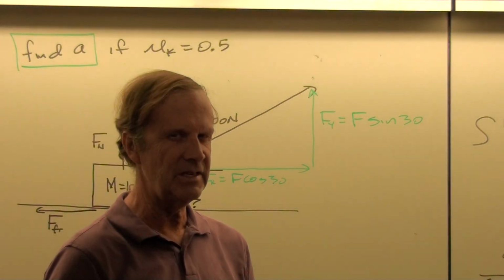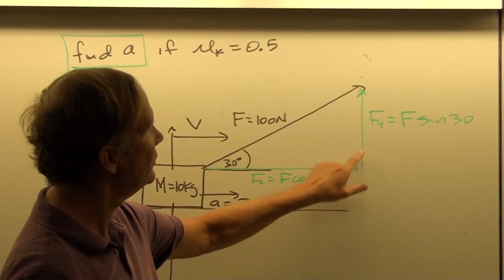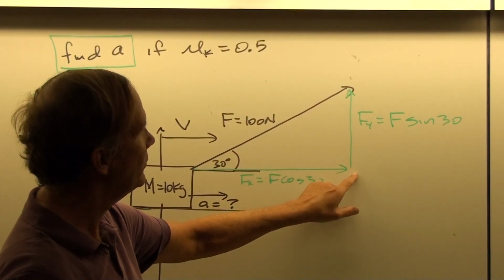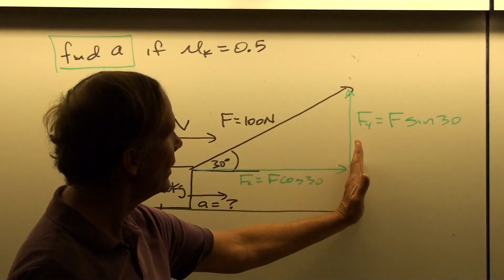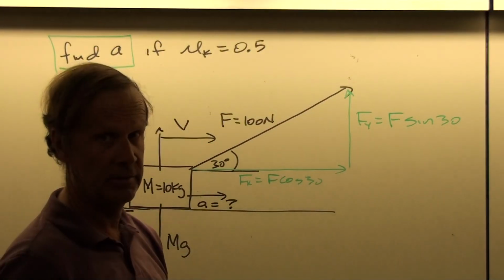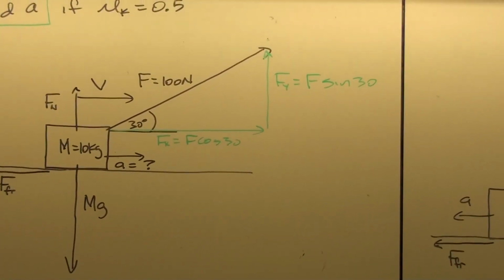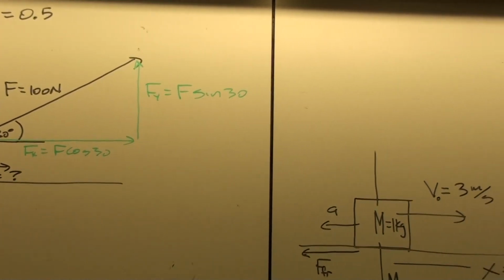If you don't see that that's the case, then when we decompose this force vector into x and y components, only the x part pulls it to the right, and the y part helps to lighten the load. So that is an important concept to get before you can write the equations correctly.